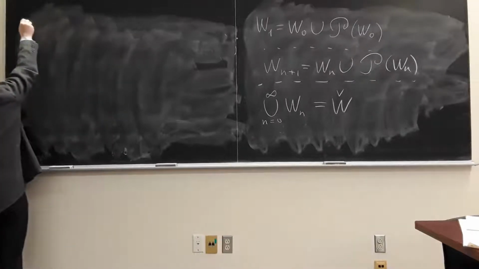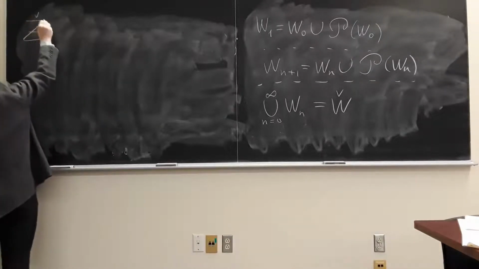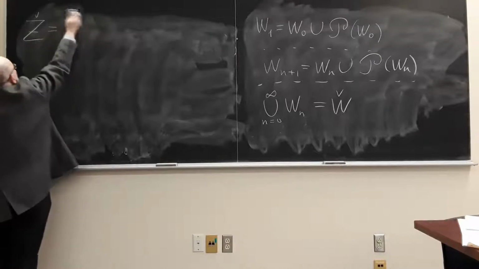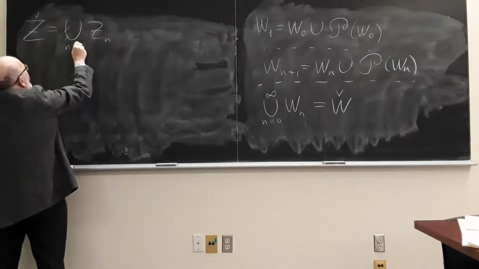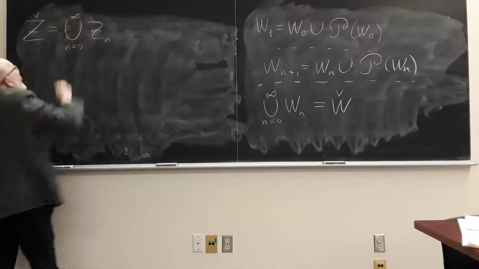Let me also denote Z check equals the union of Zn, n from 0 to infinity.